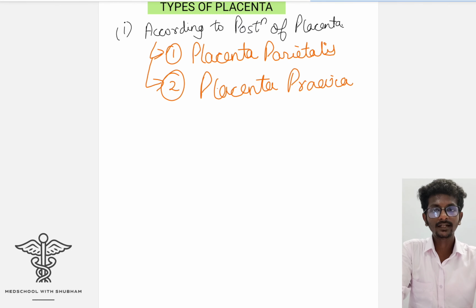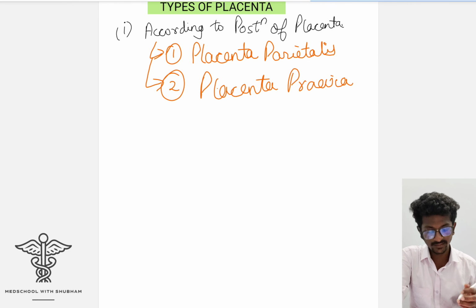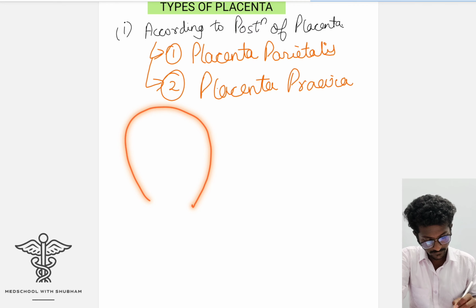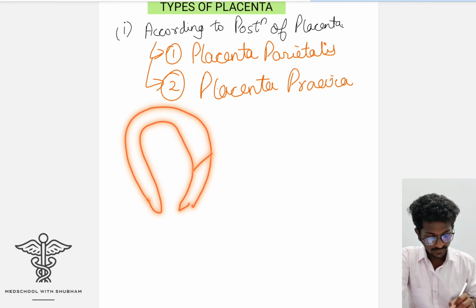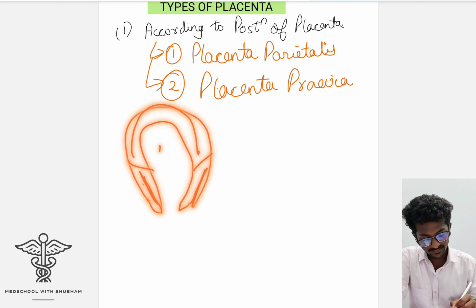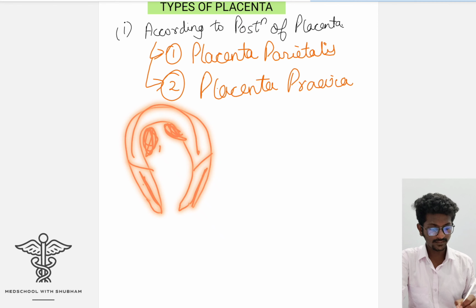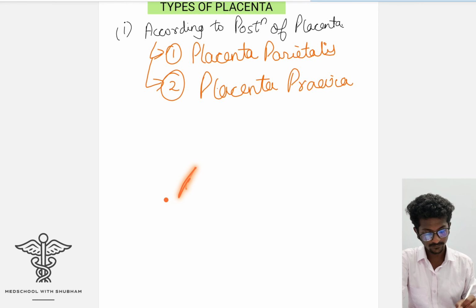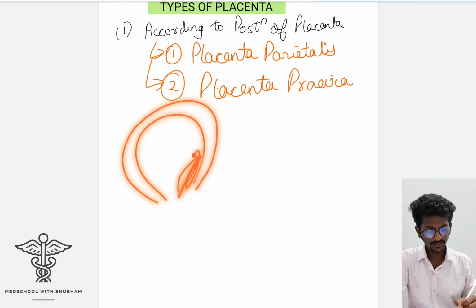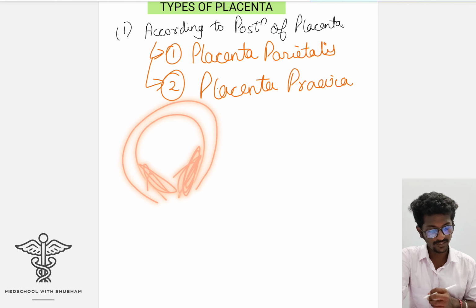If this is the uterus, this is the upper uterine segment and this is the lower uterine segment. The placenta should be formed anywhere in the upper uterine segment. But if the placenta forms in the lower uterine segment, then it is called the placenta praevia.